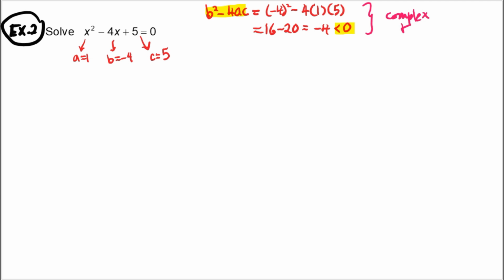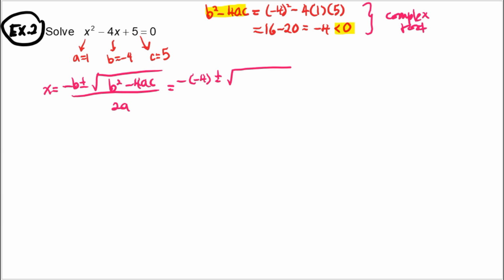Now, we have to solve this using the quadratic formula, which is given by negative b plus minus square root of b square minus 4ac, divided by 2a. Now we want to substitute the values inside this formula. So negative of negative 4, plus minus square root of negative 4 squared minus 4 multiplied by 1 multiplied by 5, divided by 2 multiplied by 1.